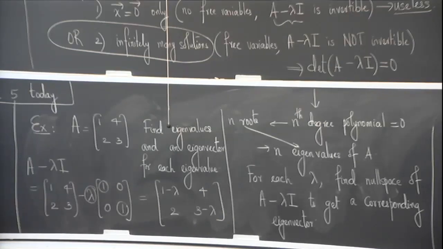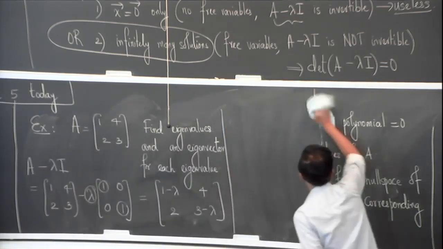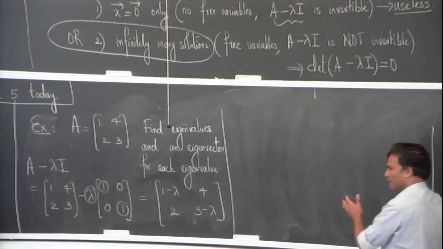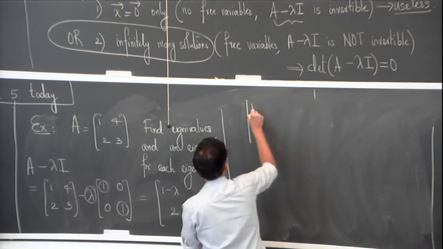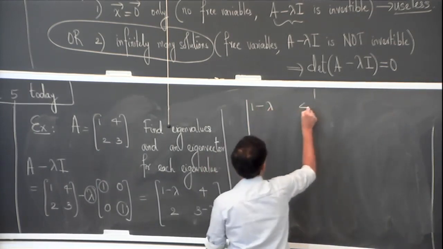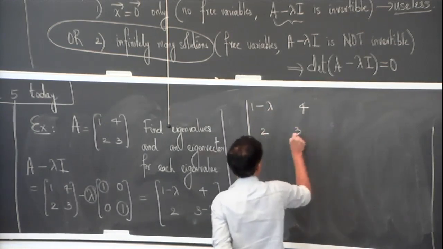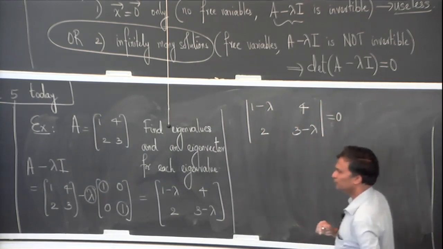So we're going to set the determinant of this matrix equal to 0. Okay. And it shouldn't be surprising that for a 2 by 2, it's going to give you a quadratic equation to solve. So the determinant of this matrix, which is 1 minus lambda, 4, 2, 3 minus lambda, equal to 0.